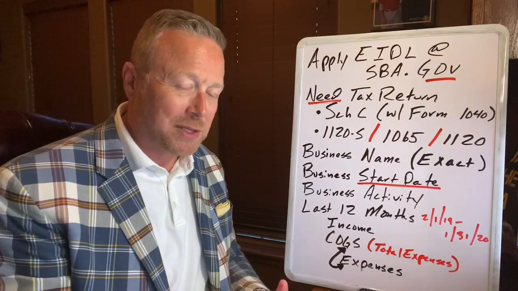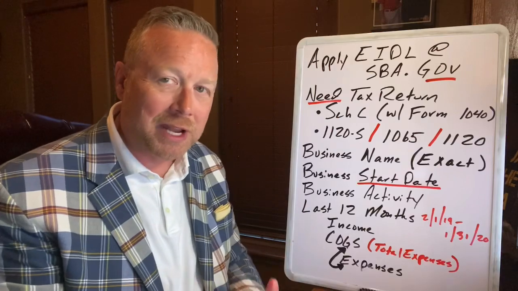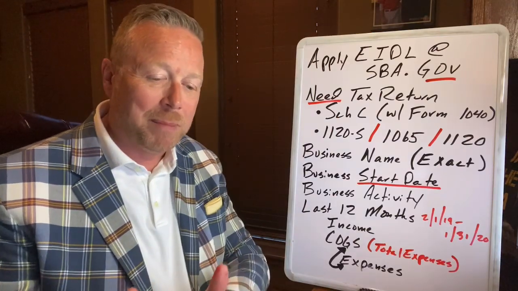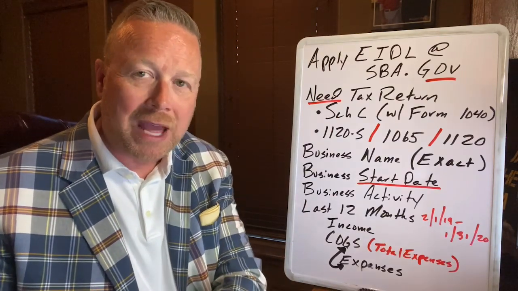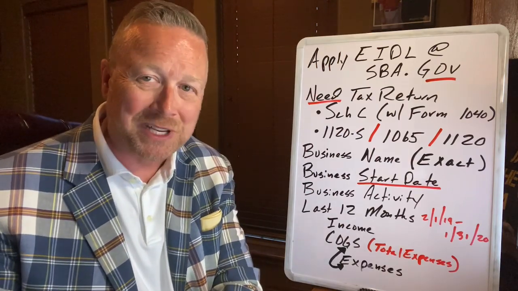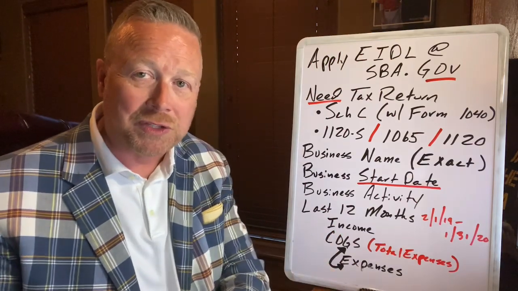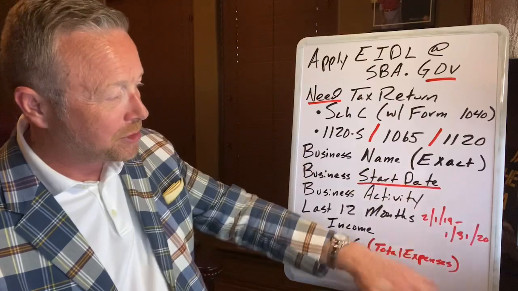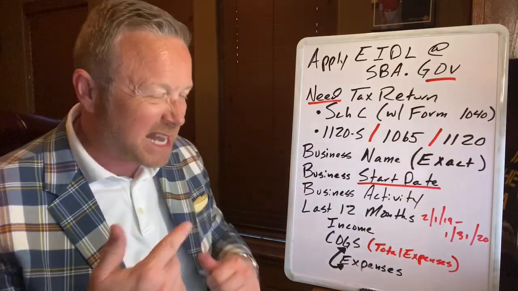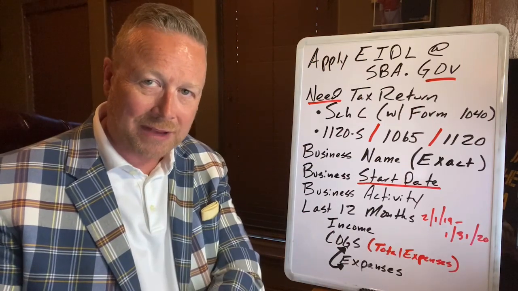When you get to things like an address, you want to use the address that would have been last reported to the IRS. So if you filed a tax return for 2018 and you haven't filed for 19, then you're going to fill this information out, not the numbers, okay, but the name and start date and the activity and the address that's on that tax return.